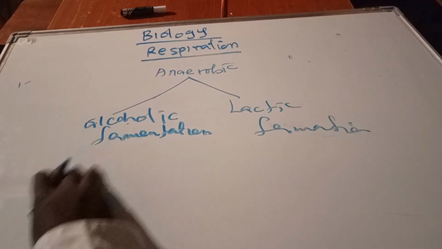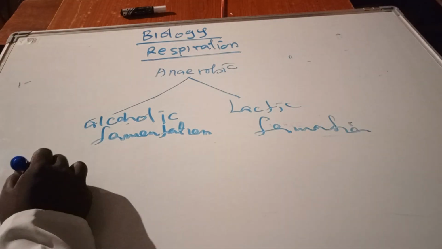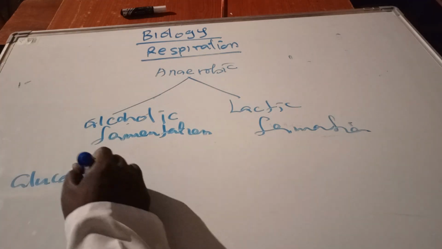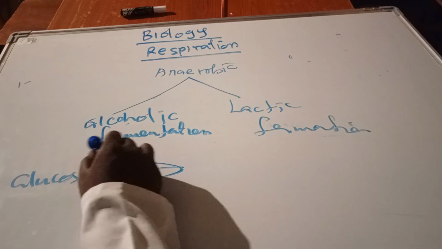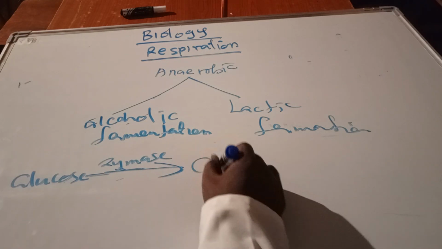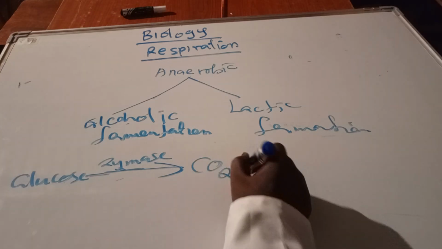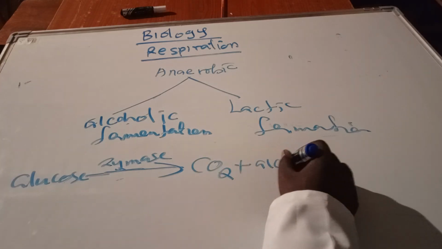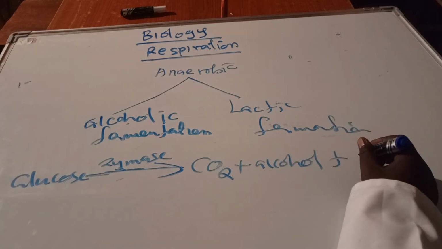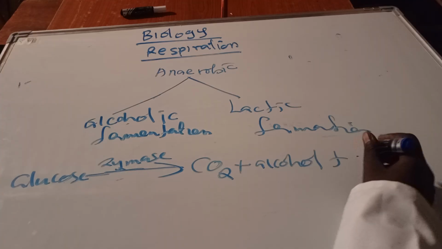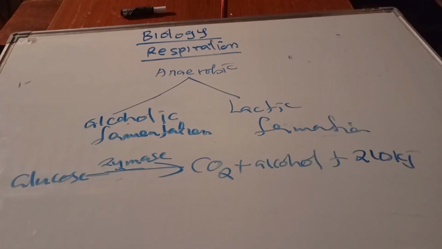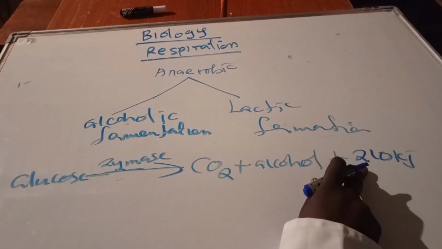So under alcoholic fermentation, glucose will form, with the use of the enzyme called zymase, carbon dioxide plus alcohol and some amount of energy, which is about 210 kilojoules.